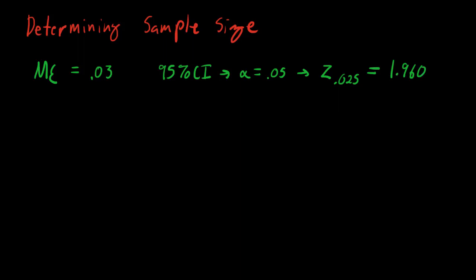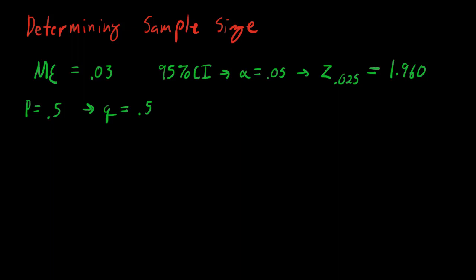And for this, we need to know P and Q, probability of success and probability of failure. So we're just going to assume each candidate has a 50% chance of winning. So P is 0.5, which turns into Q is also equal to 0.5. This could change a little bit depending on who's most likely to win and by how much.